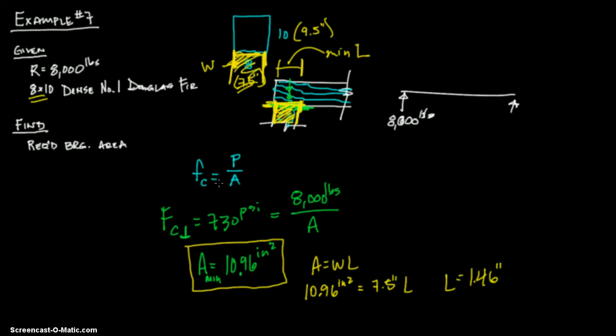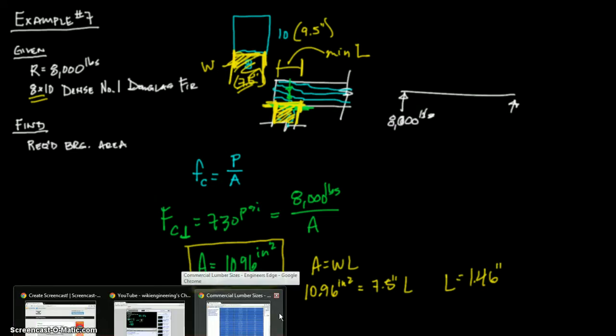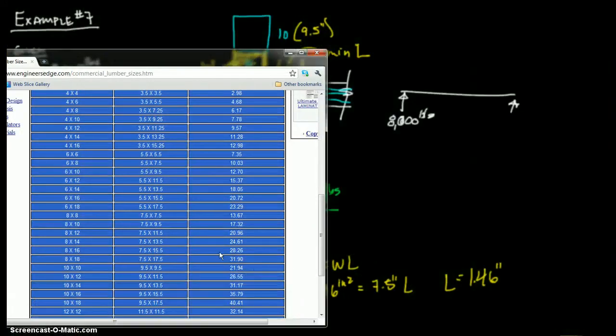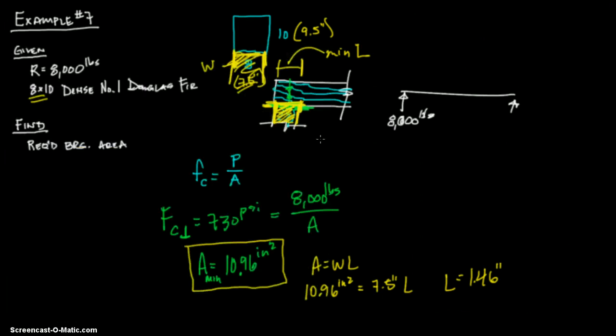Or you could go in and say, well, what's a 6 by 6? Let's pull this up. The area of a 6 by 6 is 5.5 times 5.5 equals what? I can't do that in my head. 30.25. That's plenty.